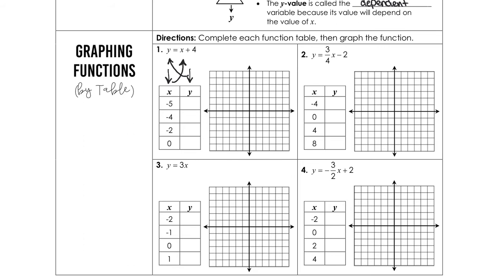So what I'm asking you to do is replace the value of X with -5, calculate to figure out the value of Y, and then write that answer in the table next to -5. Then I'm going to ask you to plug in the number -4, calculate the value in the equation, and place that answer next to the -4 in the table. That's all we are doing here. So number 1, I would hope we could do some mental math with this one.